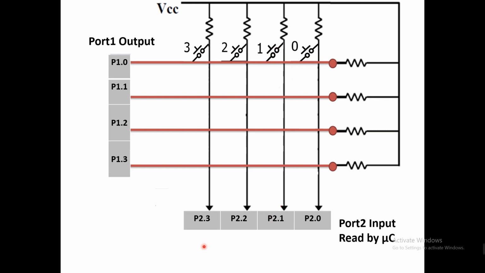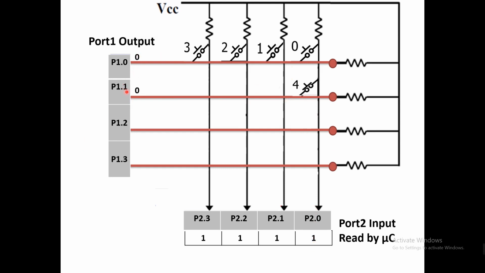Now, for now we are connecting the rest of the switches in this. Let's suppose what is here. If we make this one 0, this time we are also making P1.1 0. So this switch 4 is connected. What will happen? Its value is not changing because this value is 1. What happens if we press switch 4?